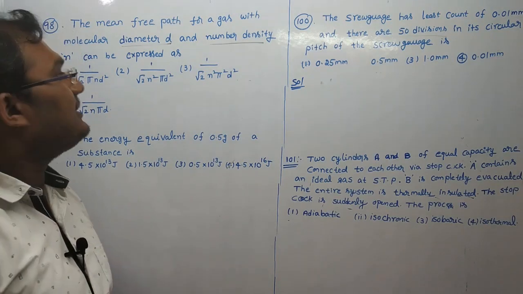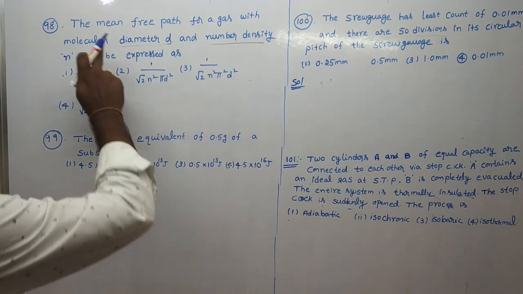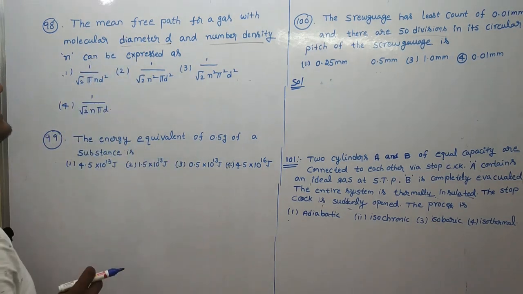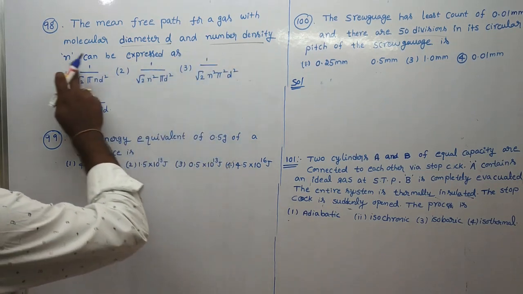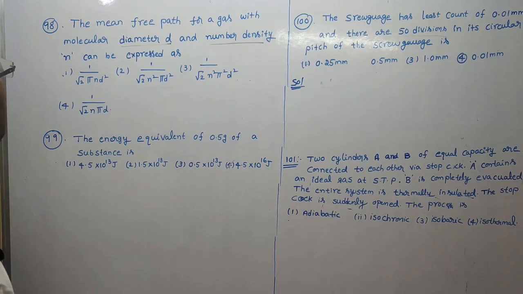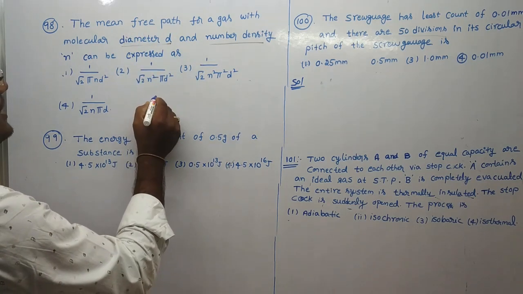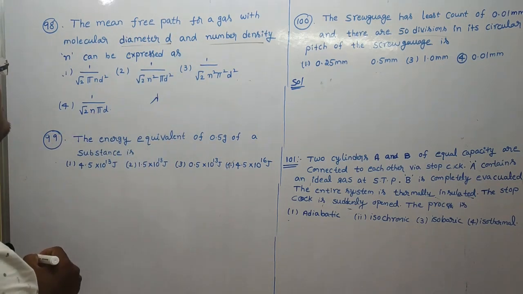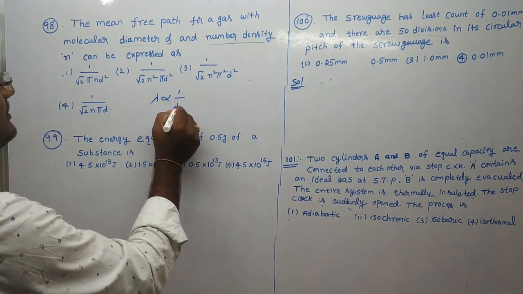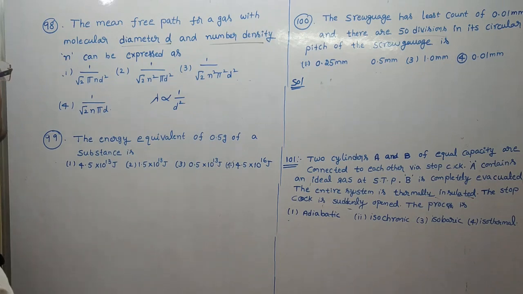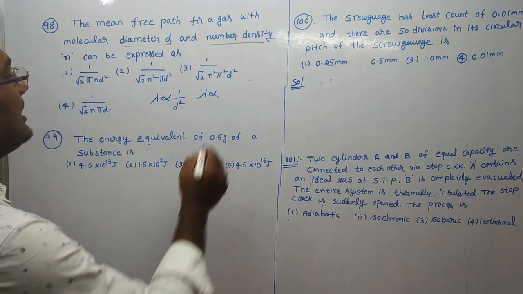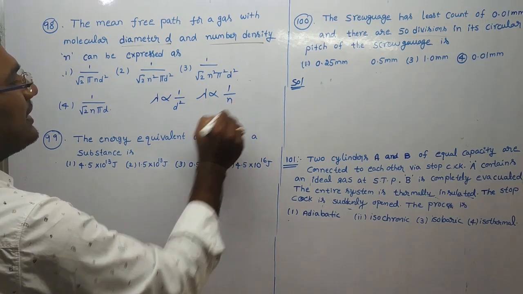The next question is: the mean free path for a gas with molecular diameter d and the number density n can be represented as, it's a simple formula. As we know that the mean free path lambda of a gas is inversely proportional to square of the diameter, and lambda is also inversely proportional to number density.